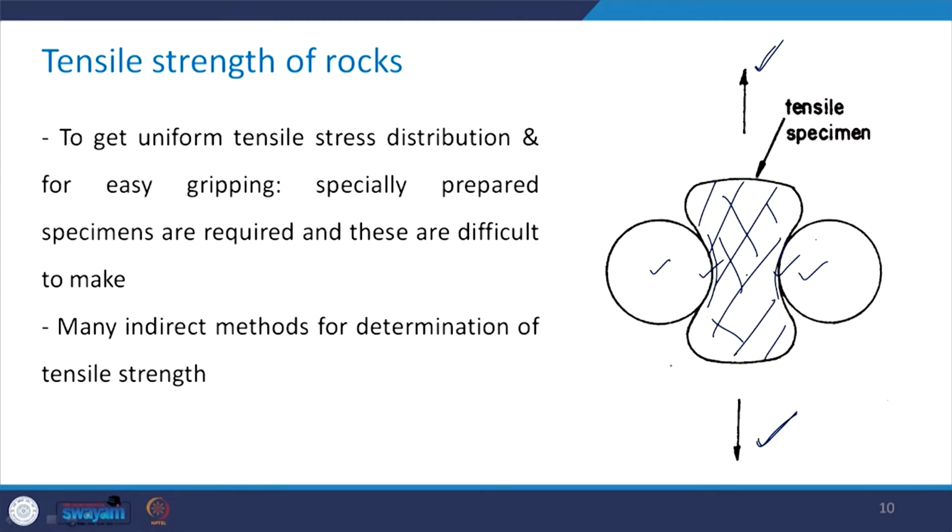There will not be uniform stress distribution all along the specimen, and the moment there is non-uniform stress distribution, whatever strength you get from the test will not give you the correct picture of the strength. Therefore, in order to overcome these difficulties, there are many indirect methods which have been devised for the determination of tensile strength. Let us take a look at them in a comprehensive manner.